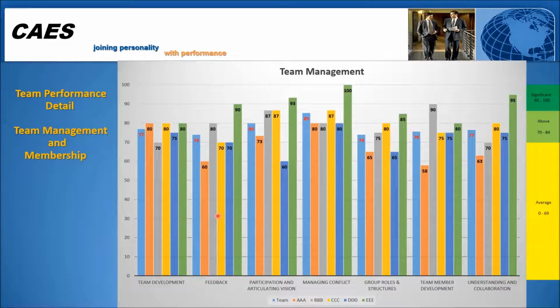The next is again a communicative element where we're encouraging communication among the team, so feedback about team issues. From a managerial standpoint, it would be providing feedback to the team on information that would be relevant to their performance. Here we can see that member E is very strong at that, but member A could perhaps look at that in a different way and understand the importance of sharing information.